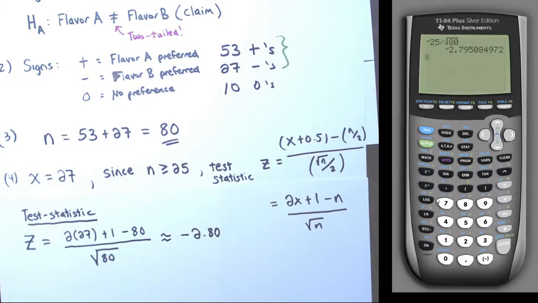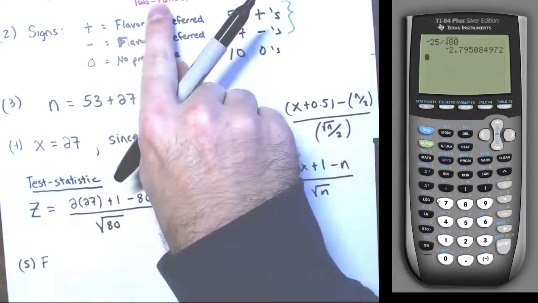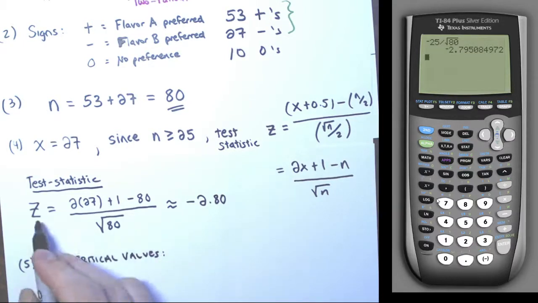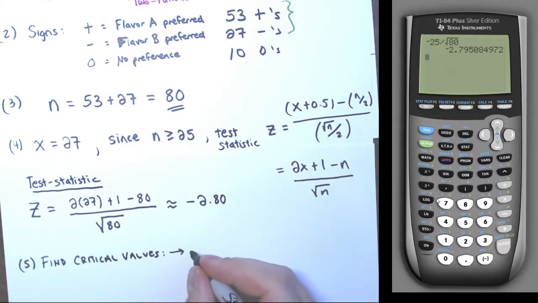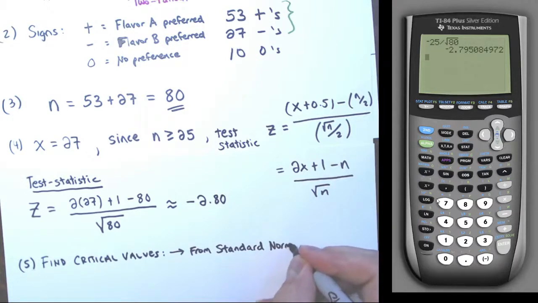Now when I go to find critical values for part 5, and remember this is a two-tailed test, since my test statistic is a z-score, we're talking about critical values from the standard normal distribution, not from that other table.